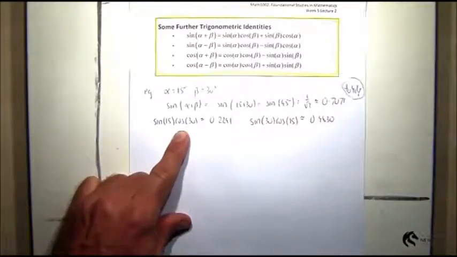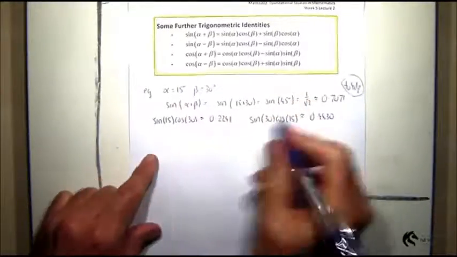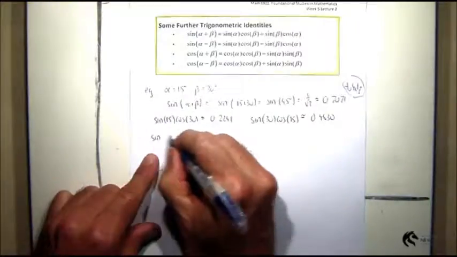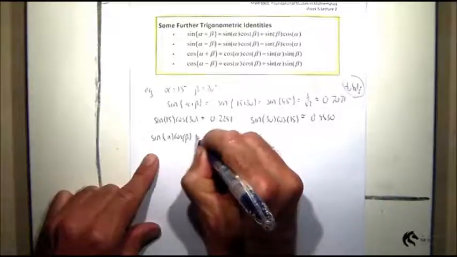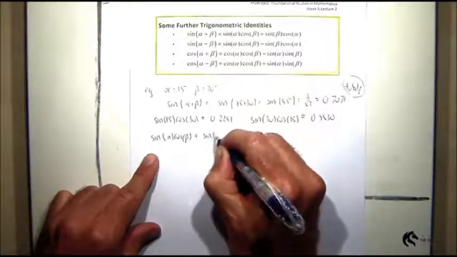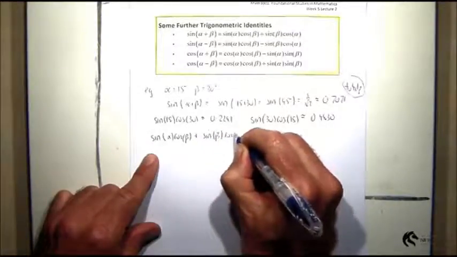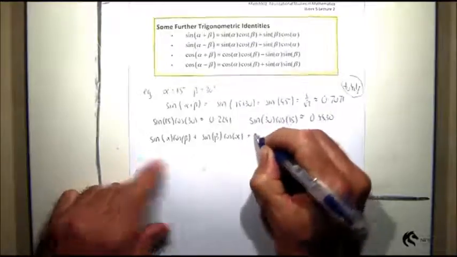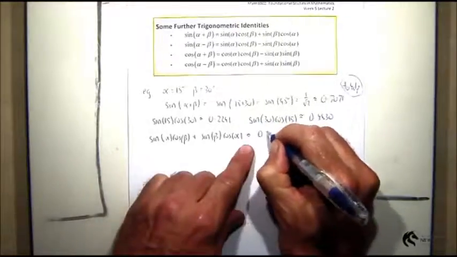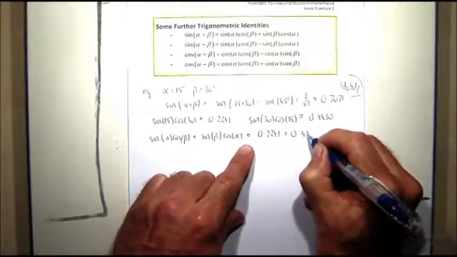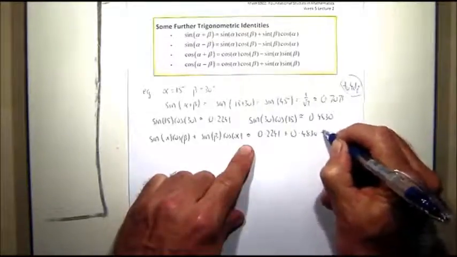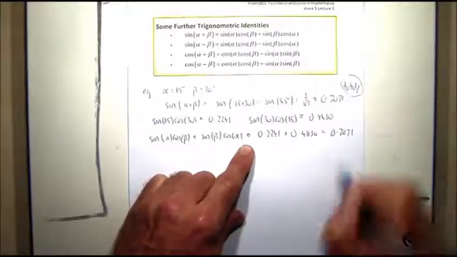places. And so on the right-hand side I have sine alpha cos beta plus sine beta cos alpha turns out to be approximately 0.2241 plus 0.4830, and that comes out nicely to be 0.7071.